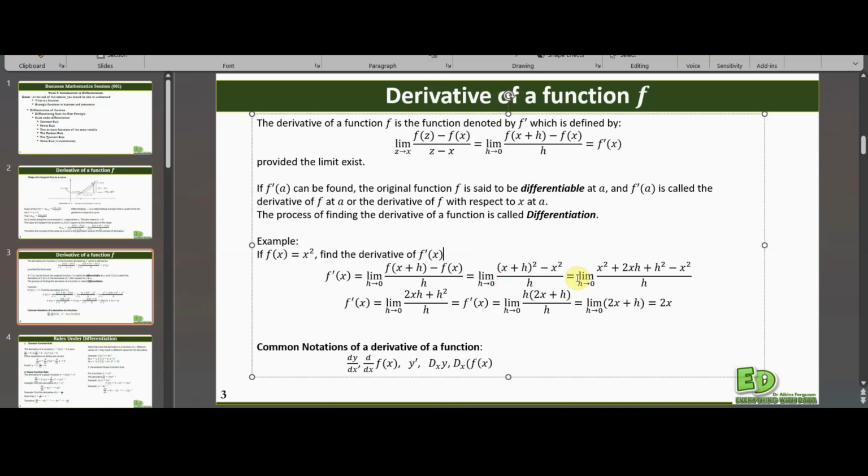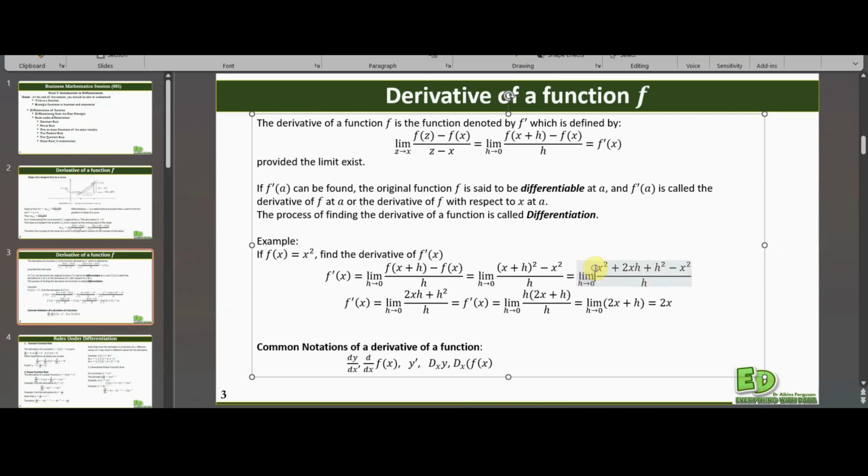Moving along, we would have to expand. The next thing is that you just expand what you have here, because you're having x plus h all squared. It means you're going to multiply x plus h by x plus h. And then when you expand that, you group like terms. You have x squared plus 2xh plus h squared.